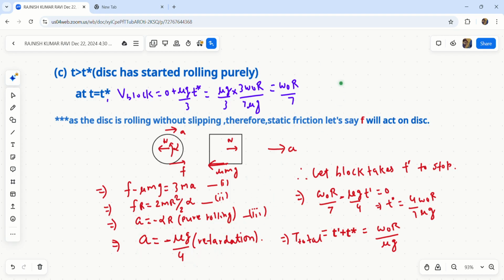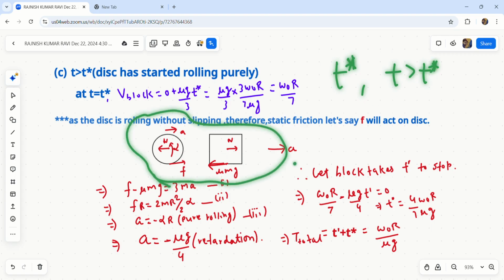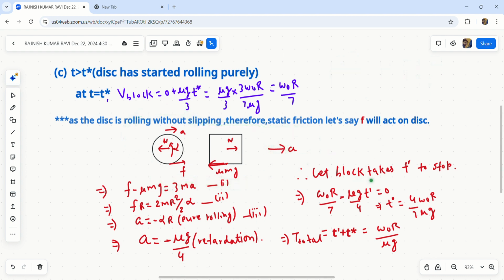So as the disk has started pure rolling at t star, after t greater than t star, this system has started retarding with this much retardation. So let me assume the block takes t dash more time after t star to come to rest.